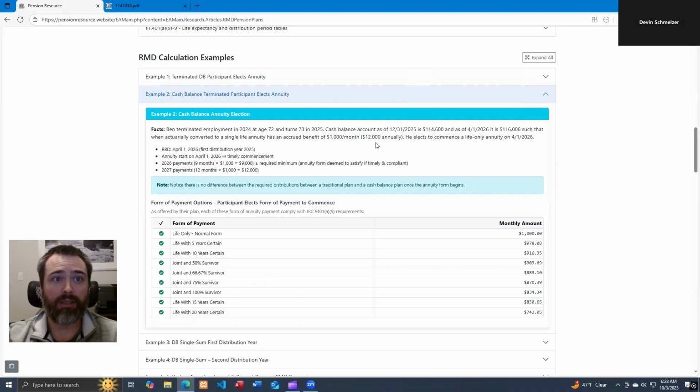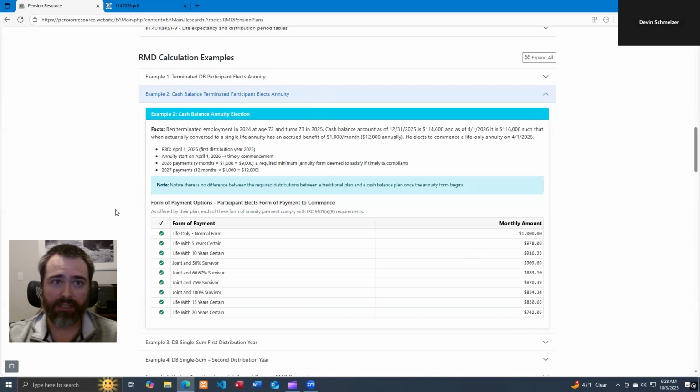And when converted, it offers the same optional forms of payment as a traditional DB plan. And that is the big point here, that cash balance plans have required distributions, with the same fundamental concepts that apply as traditional plans. Once they convert their cash balance account to an annuity and begin their annuity for life, then that will continue for the rest of their life.